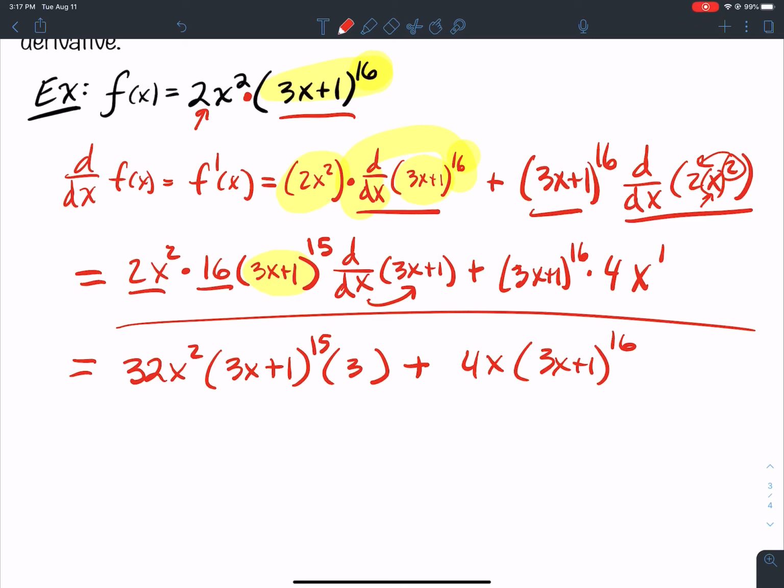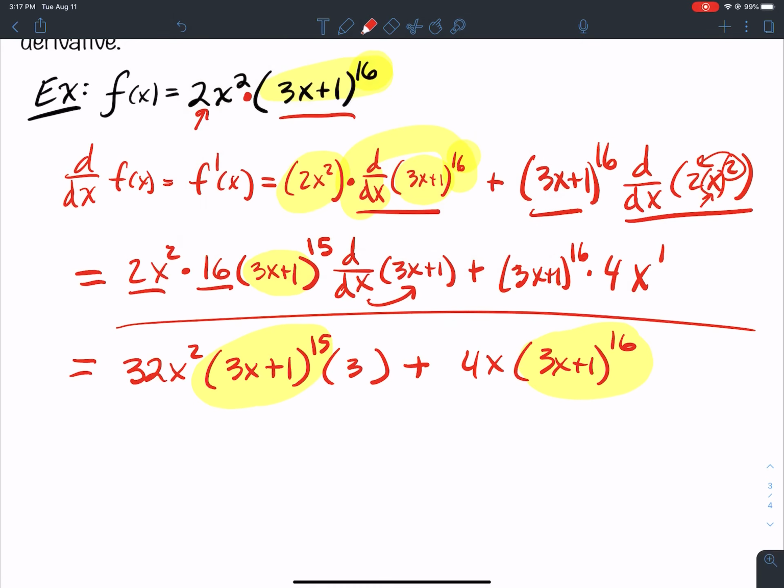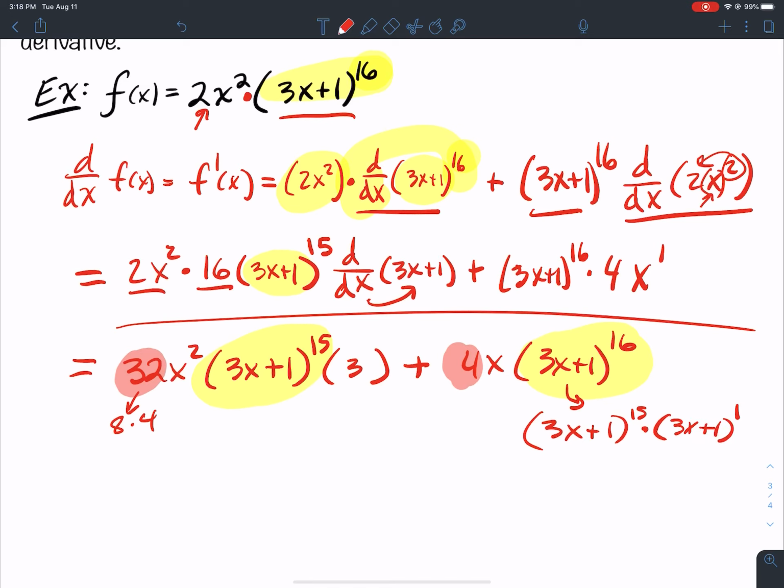Now, what's in common here? Looks like I've got 15 of these and 16 of those. Okay? I've also got a 4 here and a 32 here, so that 32 can break down to 8 times 4. And the 16 of these can break down to (3x + 1) to the 15 times (3x + 1) to the 1.